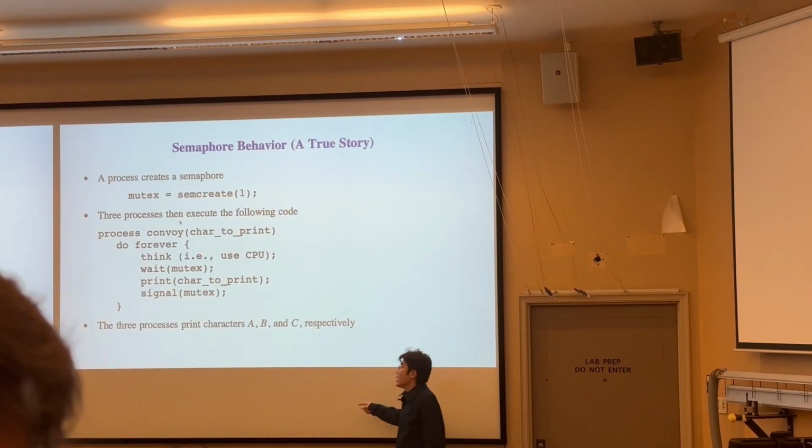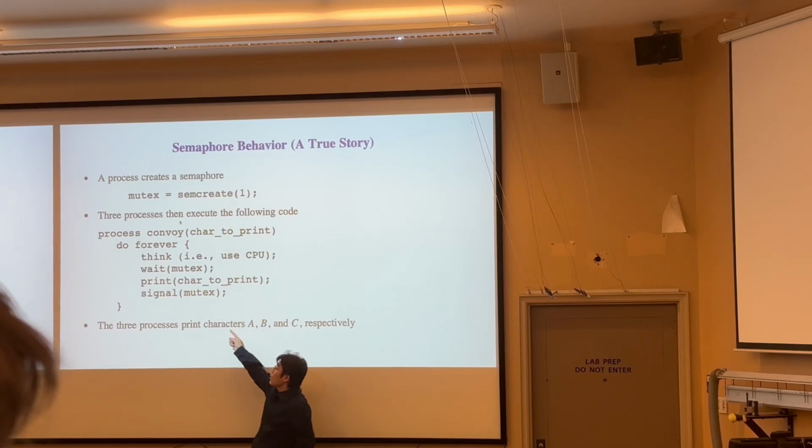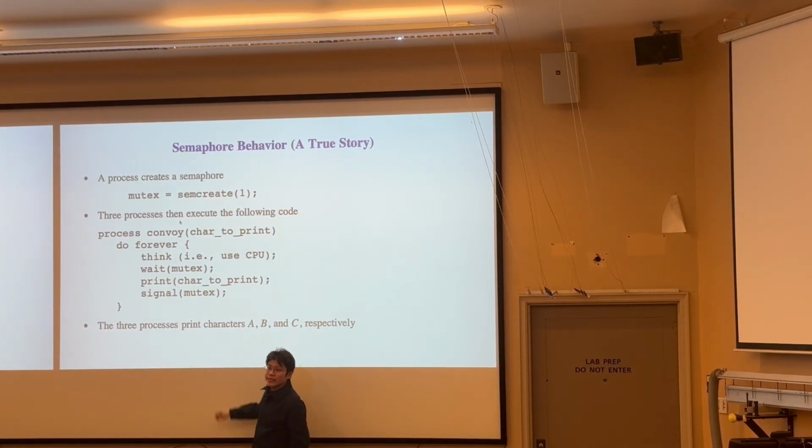Process A executes this loop 20 times, and while it's outside of this critical region, maybe in the first think step using CPU, its time slice is exhausted.